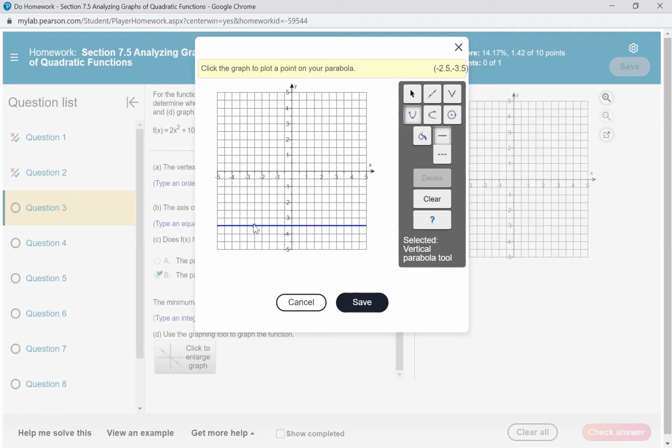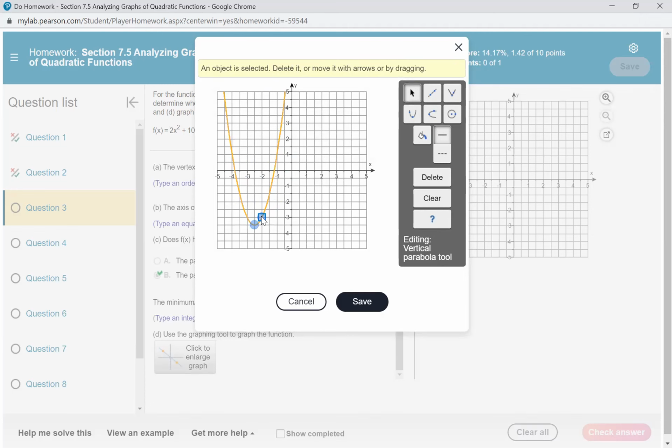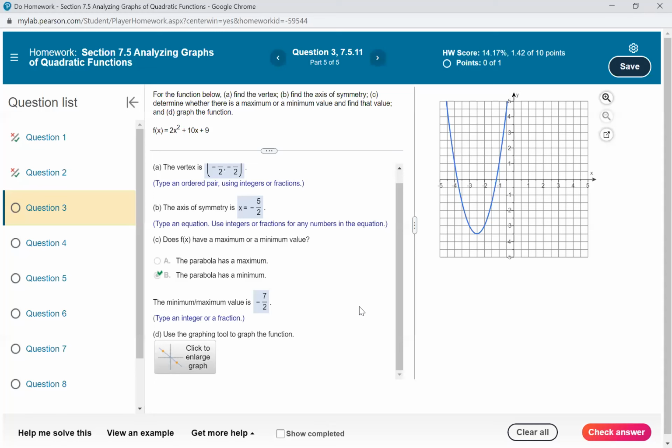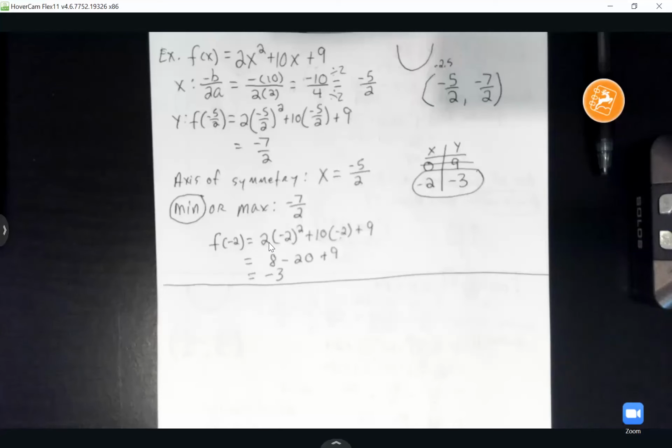So when it's broken down in halves, use the top number to see how many places you go. Now the next one was -2, -3. So over here to -2, down to -3. Click that, save that, and be done. So y'all are a little tricky on those. You gotta pay attention to how they're breaking your graphs apart for you, okay?